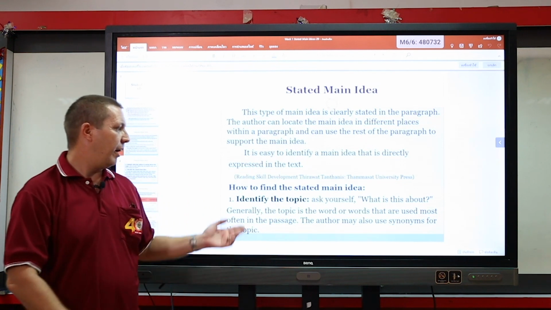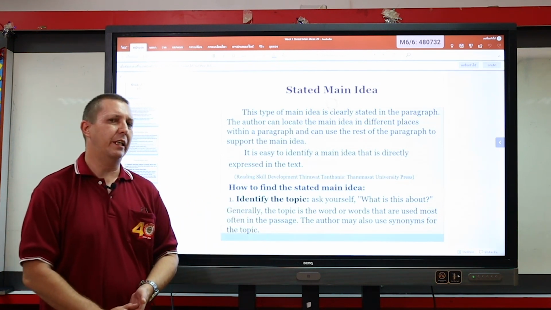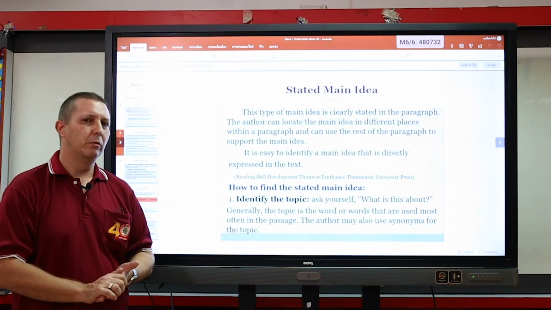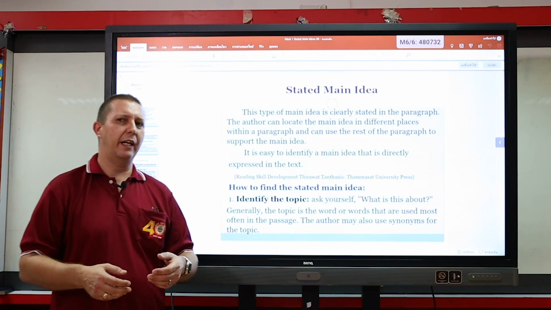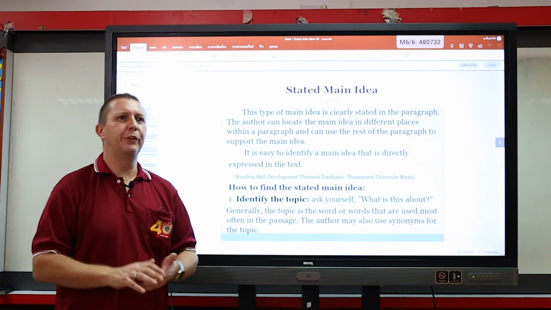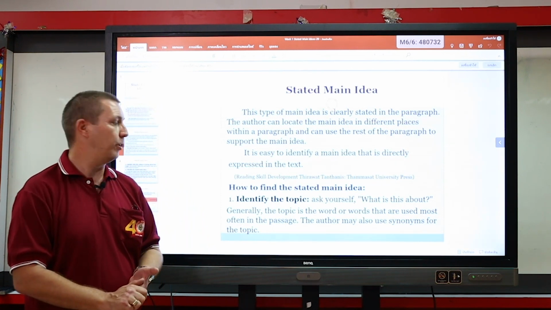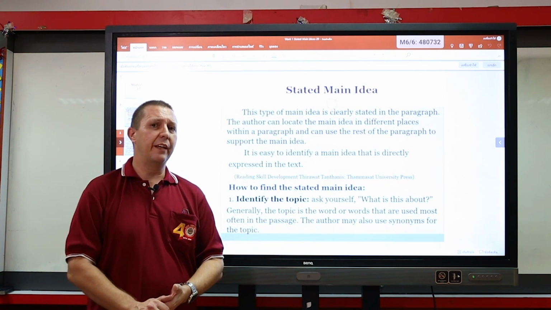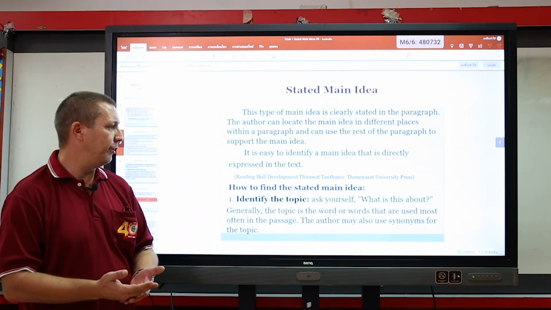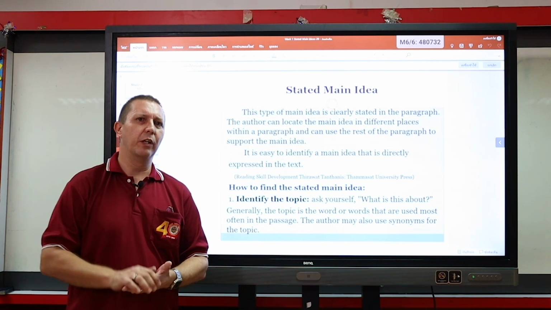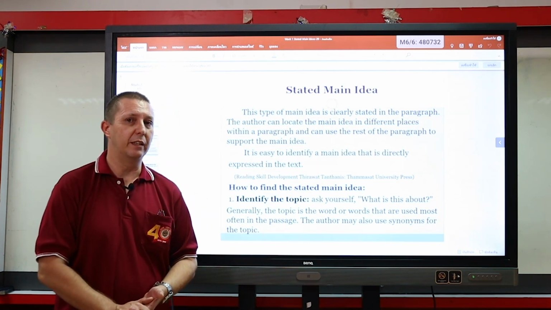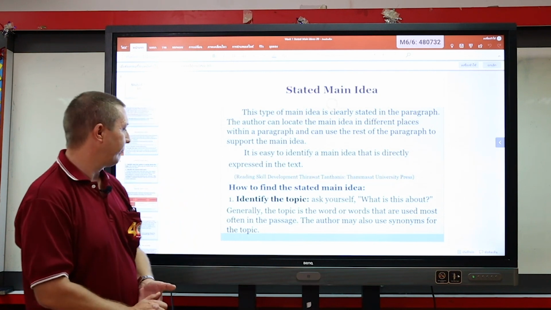Firstly, identify the topic. Ask yourself, what is this about? What have I just read and understood? What do you think yourselves it is talking about? So you can normally understand this by words that are used, and normally the words are used quite often within the text, so repeated more than once.